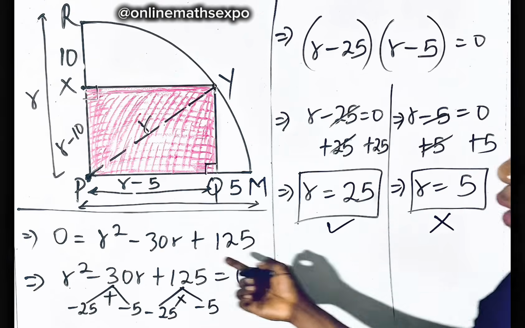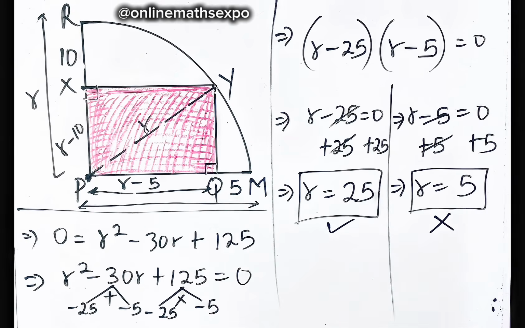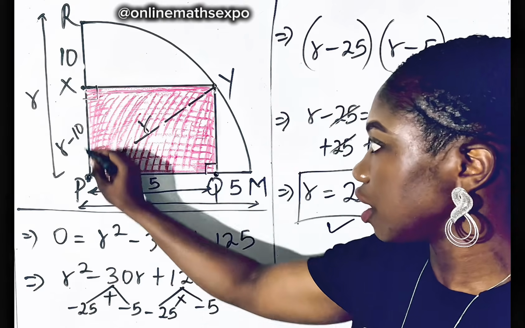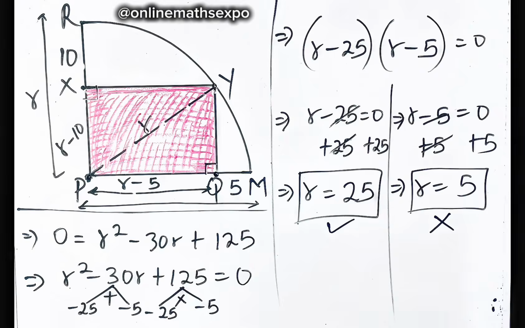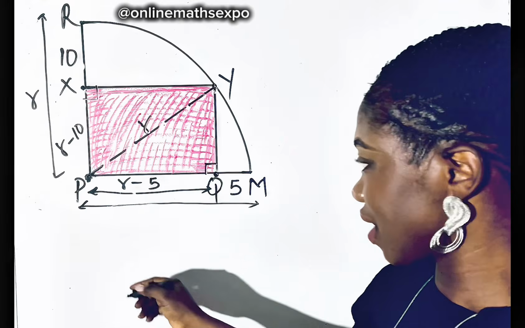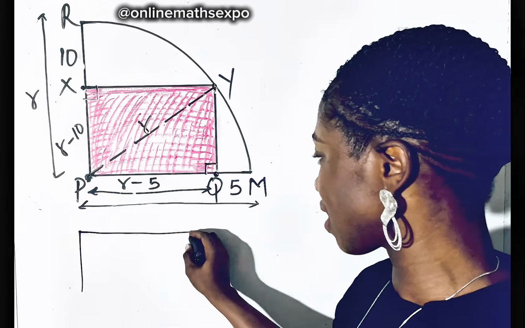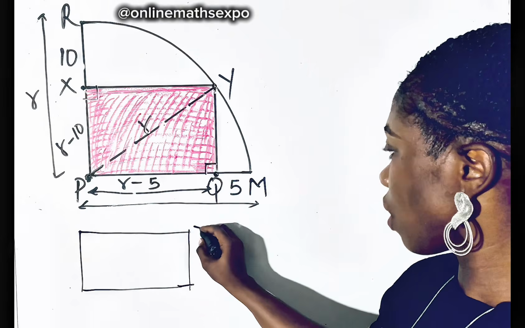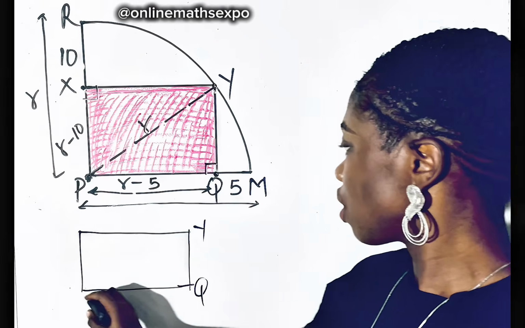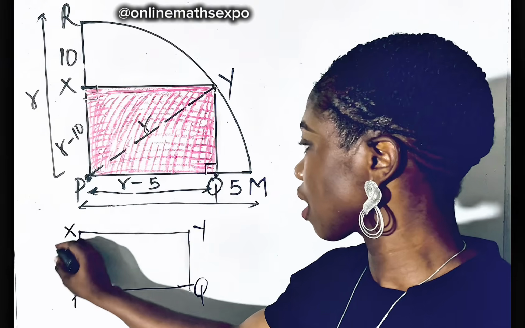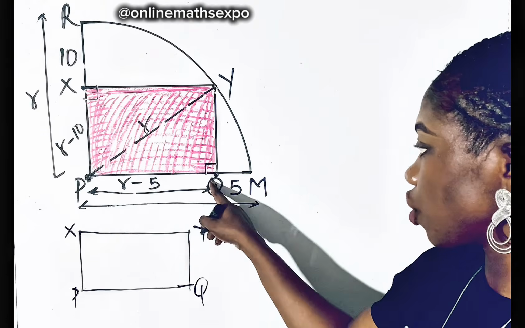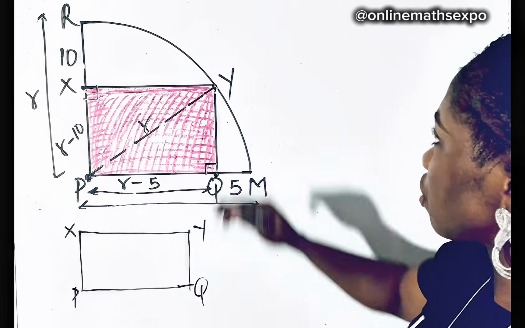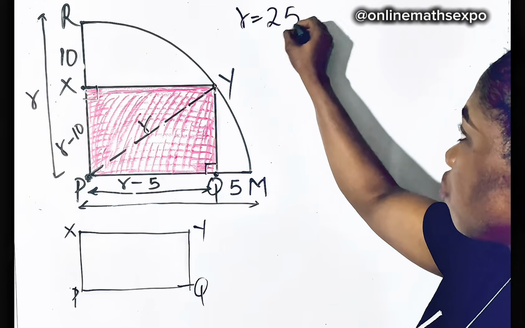Now that we have found the radius of the quarter circle, we can go back to find length PQ and then length PX. Let's do that together. Bringing out this rectangle, this is what it looks like. This is Y, here is Q, here is P, and here is X. For this length PQ, remember we said the radius is 25 units.